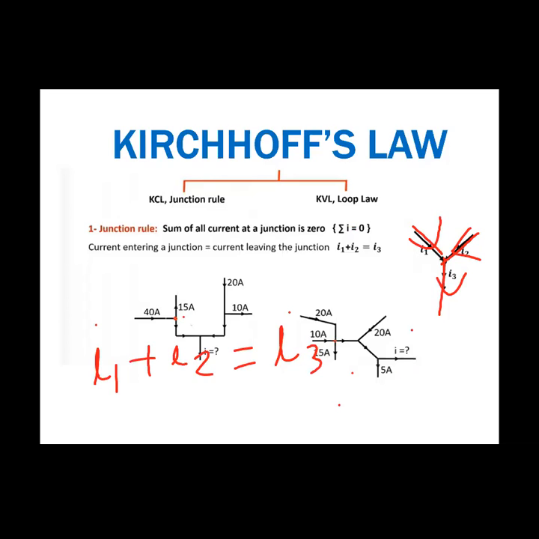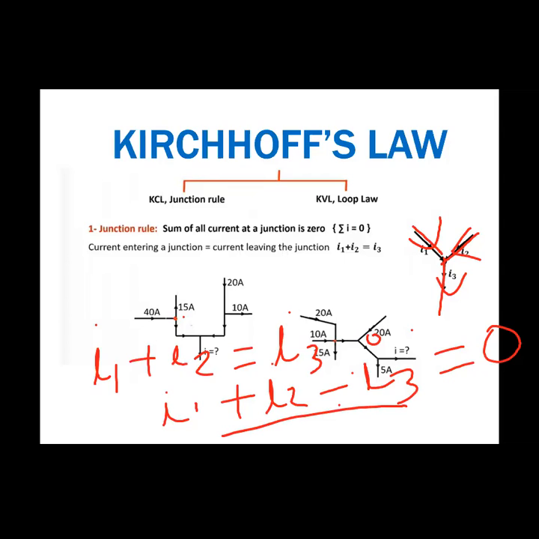So if I add them all, that is I1 plus I2 and your I3, if I3 goes that side, it will become minus I3 equals to 0. Yes, I3, if it goes on the left hand side, it will become minus and equal to 0. So here you saw that when you are adding the current at a junction, they are all equal to 0.